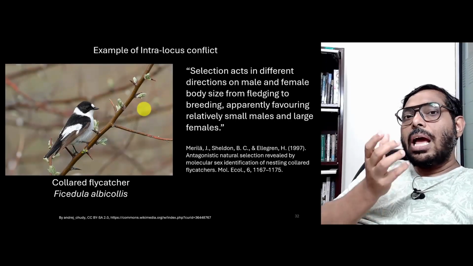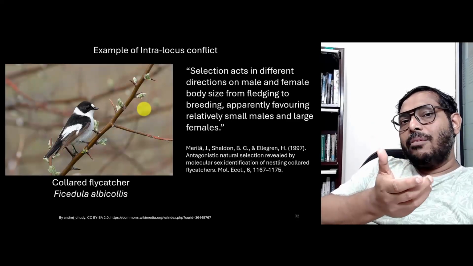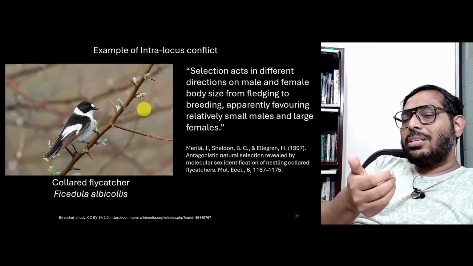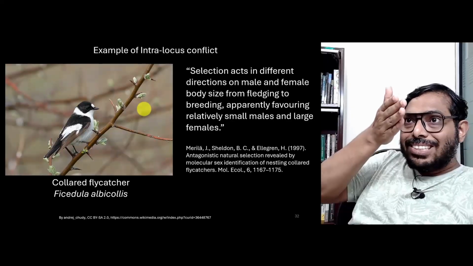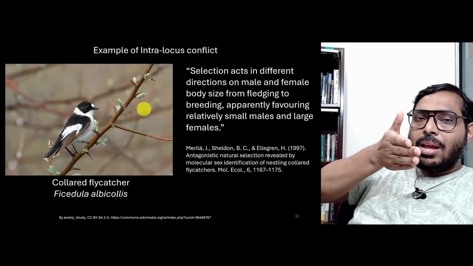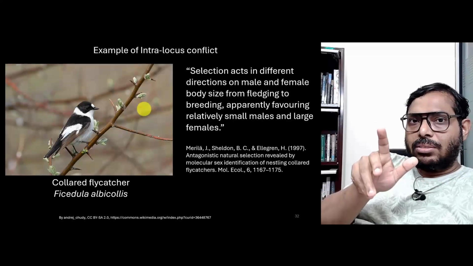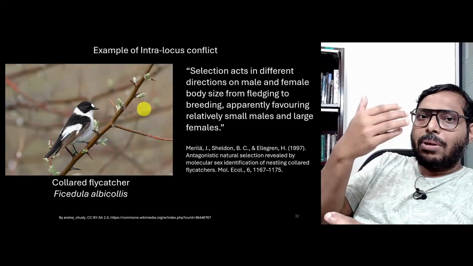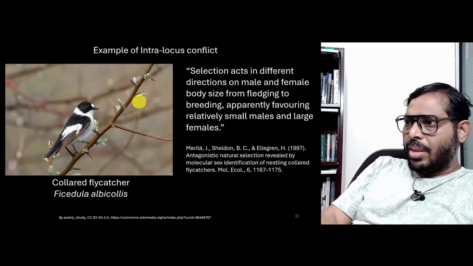Males, if they are smaller in size, end up getting higher fitness, whereas females get higher fitness only if they are larger in size. So, you can see it is the same trait, but it is acting in different ways in the males and the females. Females are getting a benefit if they are larger, males are getting a benefit if they are smaller.